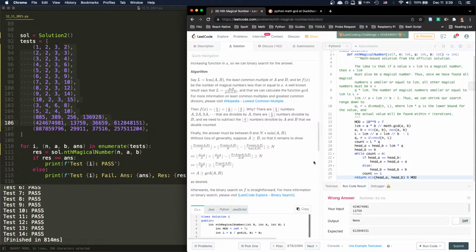Divided by a plus divided by b minus, must be larger or equal to this.